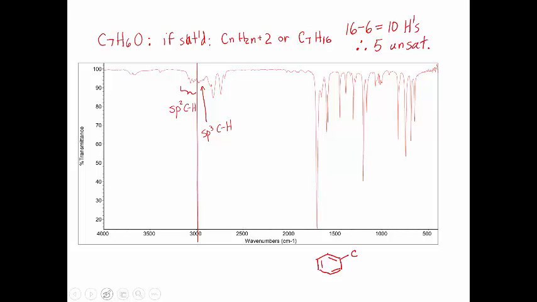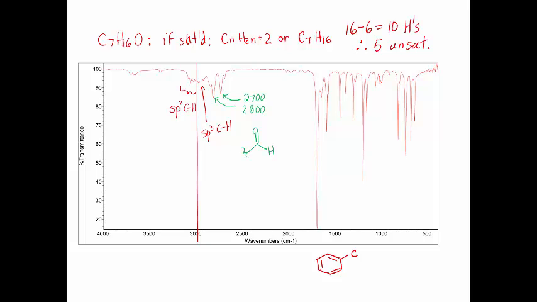But what I do notice right here is these 2 peaks. We have one at 2700, and we have one at 2800. Does that ring a bell? That is the classic appearance of an aldehyde carbon-hydrogen bond.